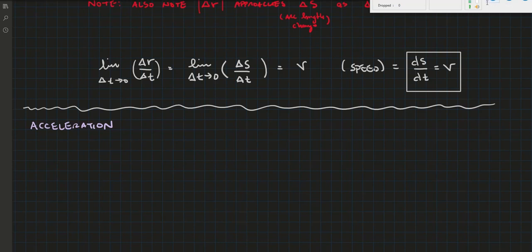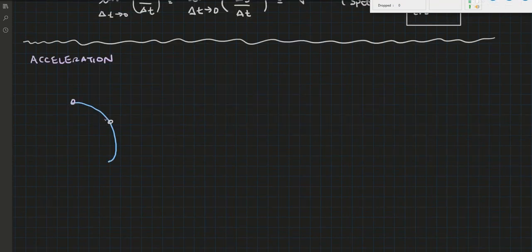All right, let's switch gears to acceleration. Okay, so as our particle moves from the s1 to s2, we have a velocity moving from v to v prime. Both of those are tangent to the curve, and v prime equals v plus a delta v.